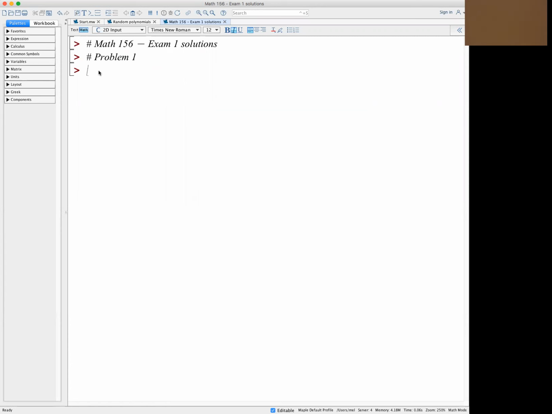So we use the point slope formula for a line from pre-calculus.